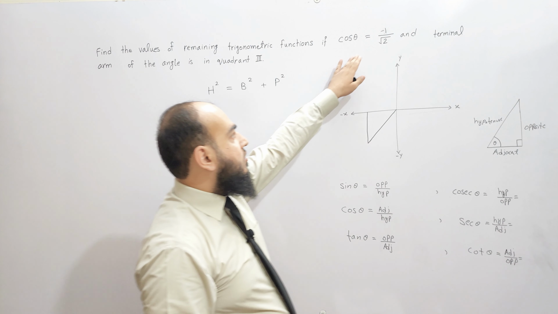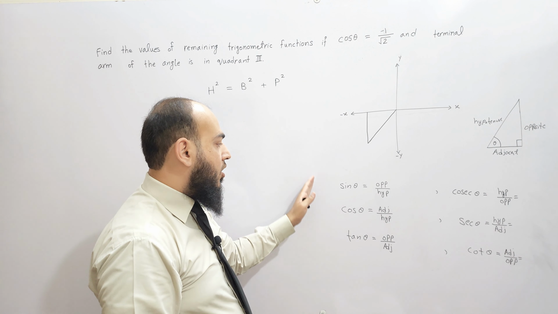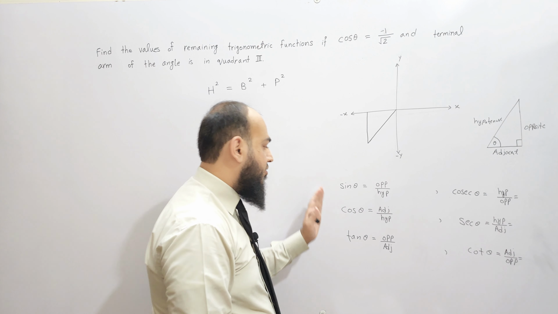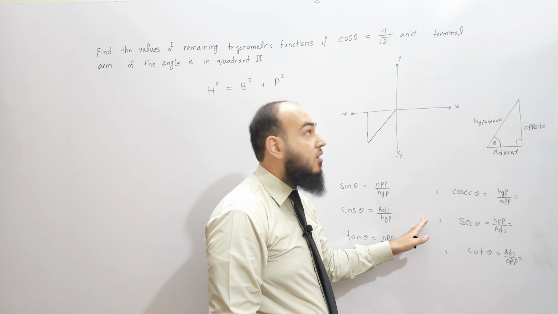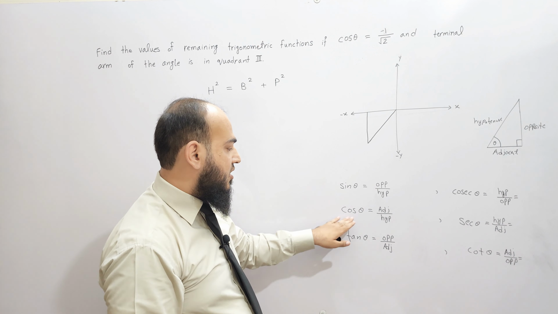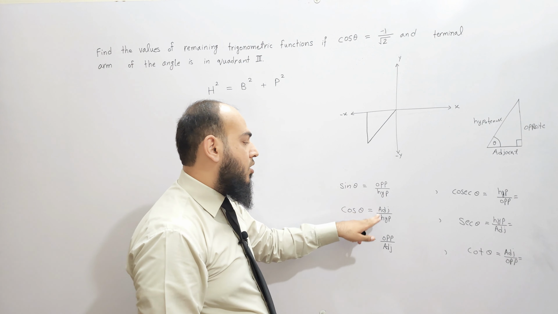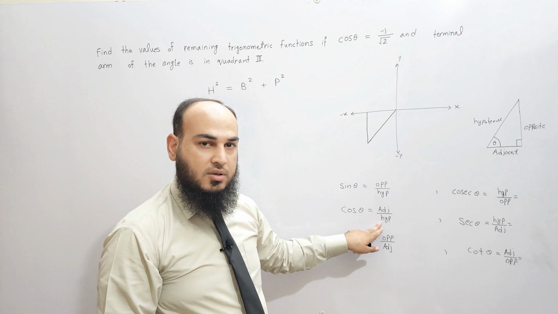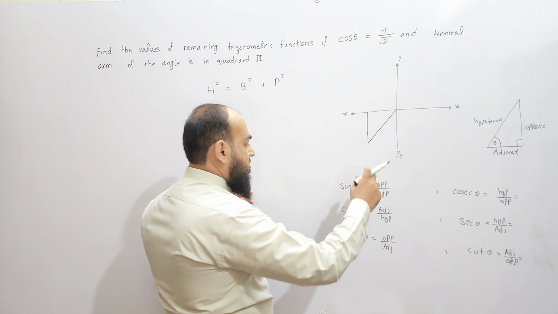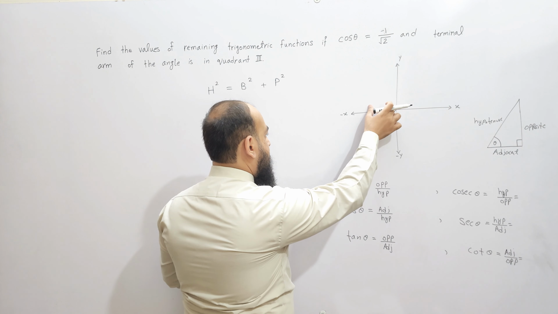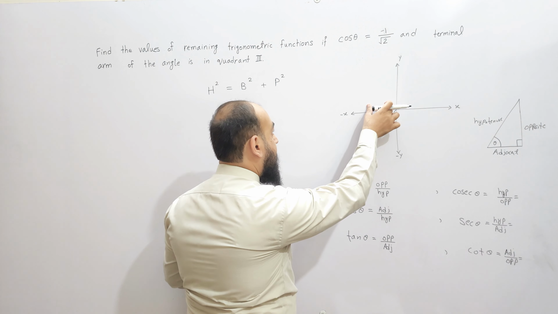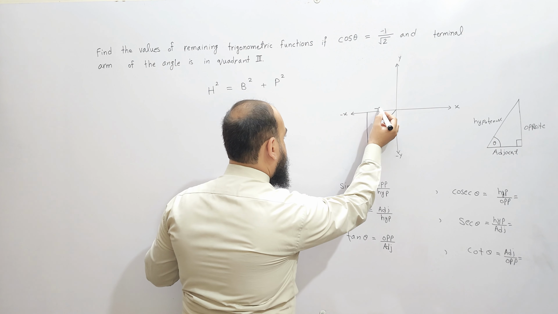And now we know the formulas of the trigonometric ratios, and cos theta is equal to adjacent over hypotenuse. This adjacent side is here, now -1.